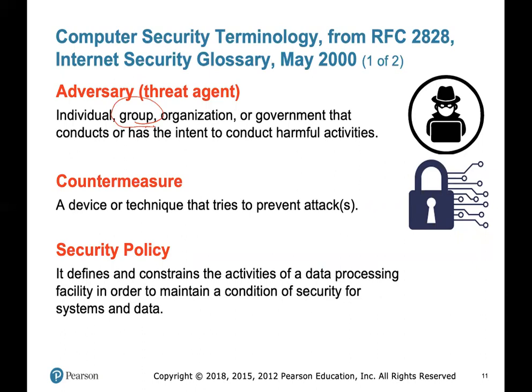There are multiple security engineers who sit somewhere and work for, let's say, 6 months on something, for example, to hack some website or hack some system. So any individual, group, organization, or even a government that conducts or has the intent to conduct a harmful activity toward an information processing system.